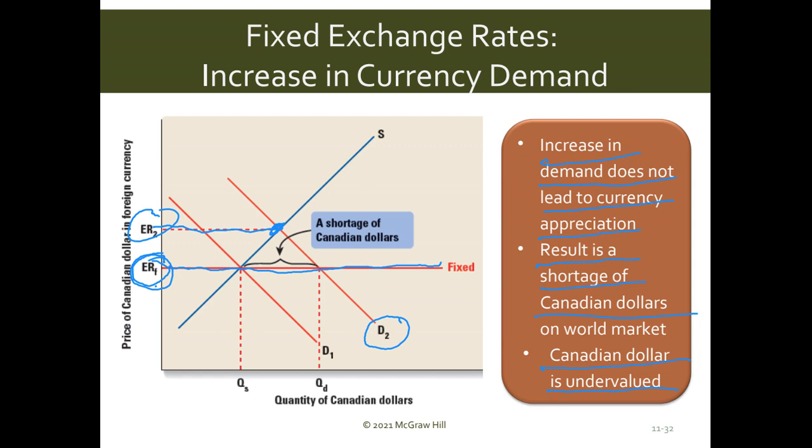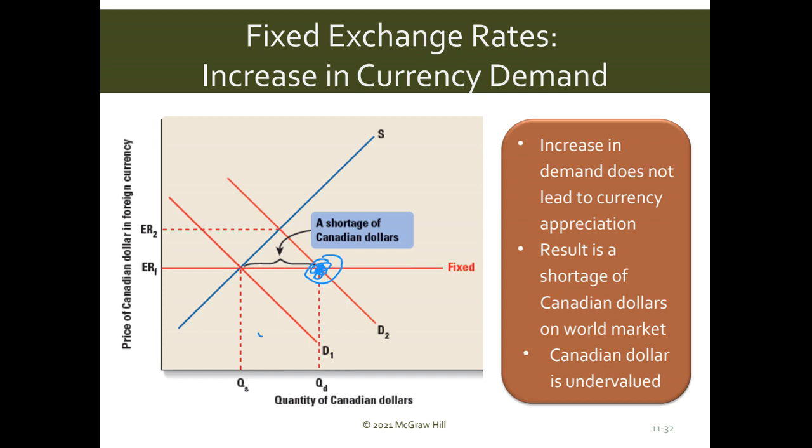So notice that when the demand shifts to the right, you have the new demand. This blue point is the new demand for Canadian dollars in the foreign exchange market.